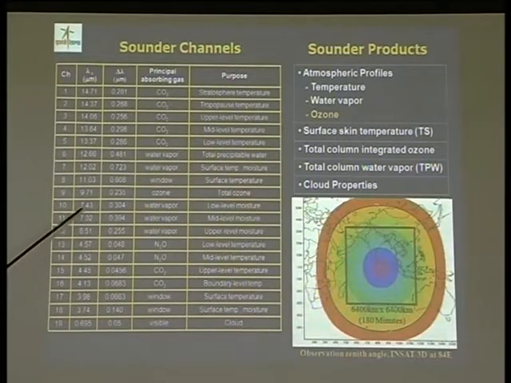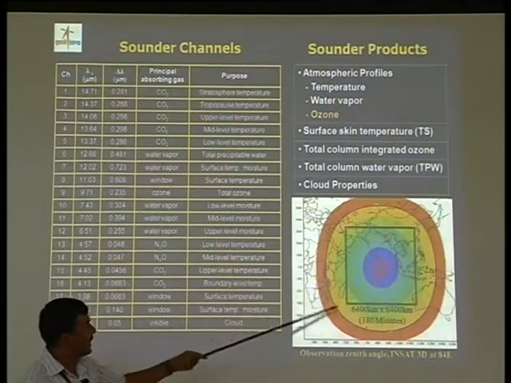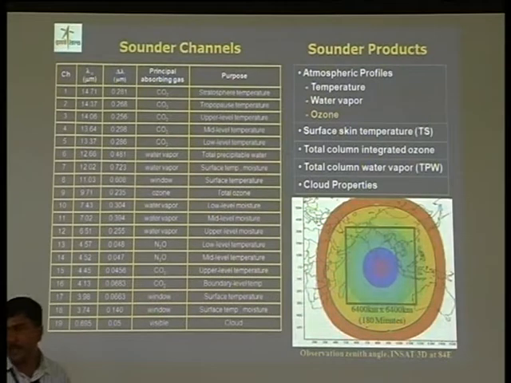So these 4 channels will give us the water vapor profile in the atmosphere. We have one more ozone channel here. This will provide the total column ozone in the atmosphere, and this will give us an improved temperature profile during night time.